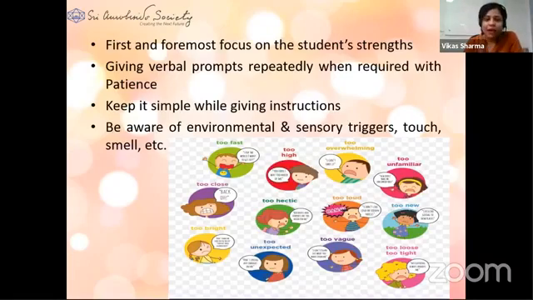So every time it has to be observed very minutely what strengths and weaknesses of the child with special needs we have to concentrate on.